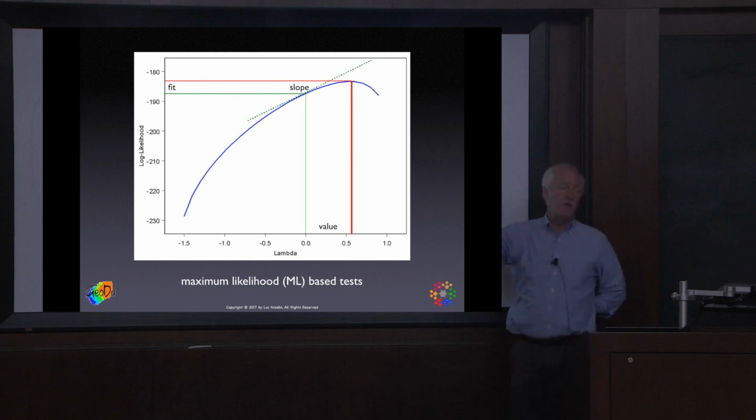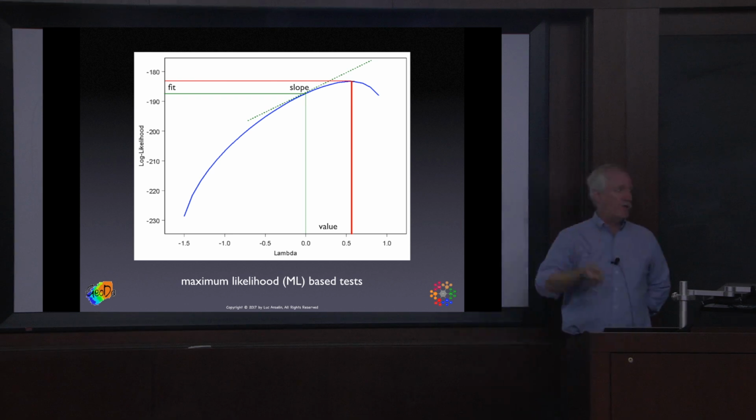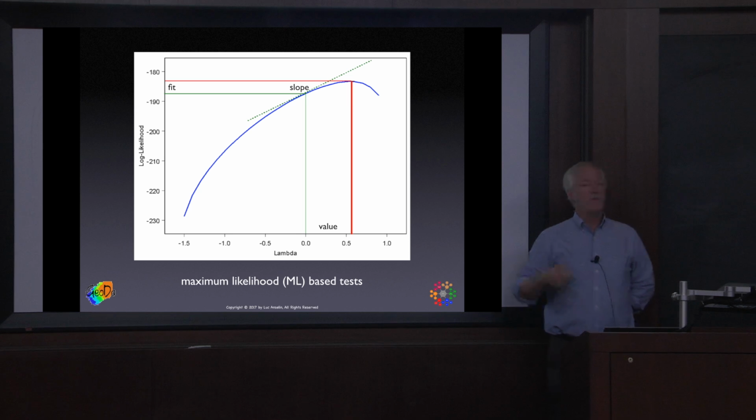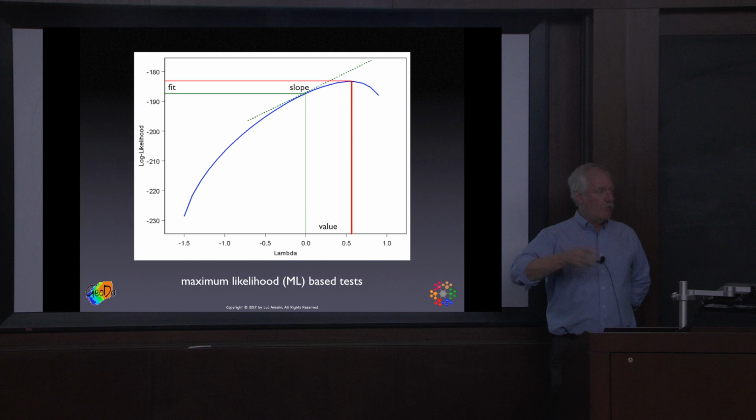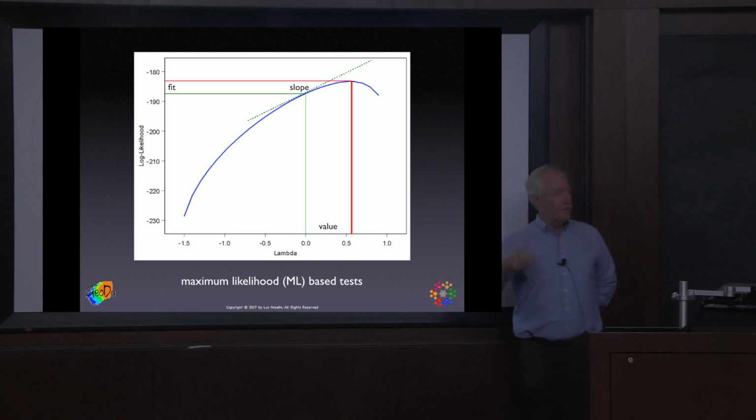And this slope, since it is the partial derivative of the likelihood function, also has a distribution and a standard error. And so we'll again apply the same principle. It will be even more complicated operationally, that given this slope and given its standard error, how can we tell that this is different enough from 0? And that's the third principle.